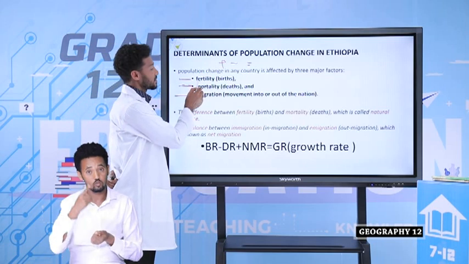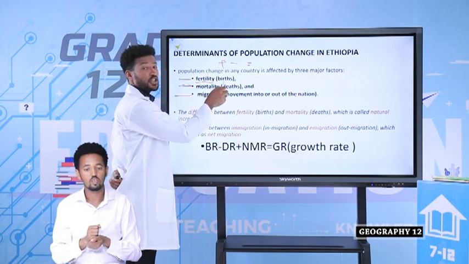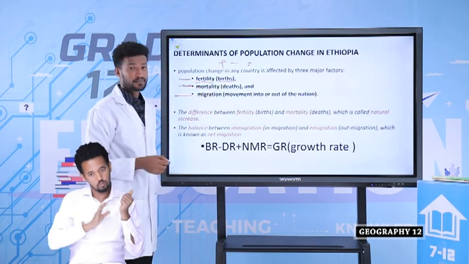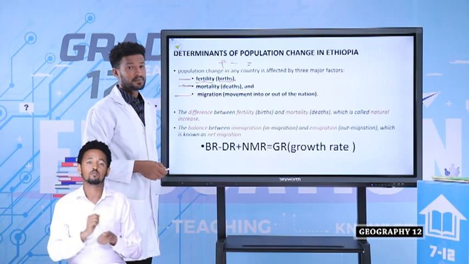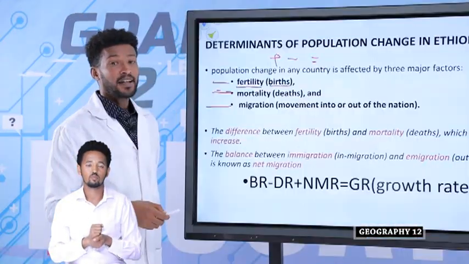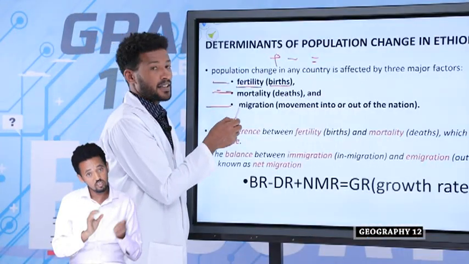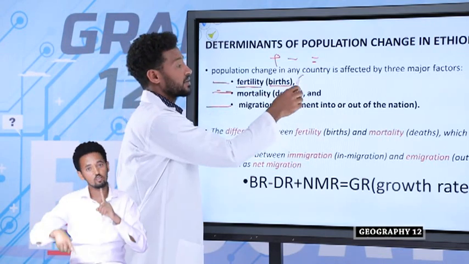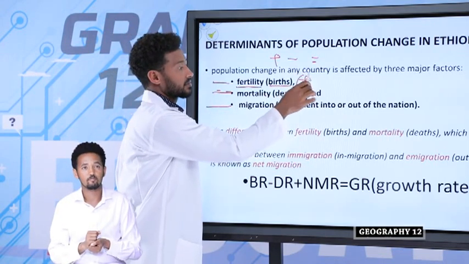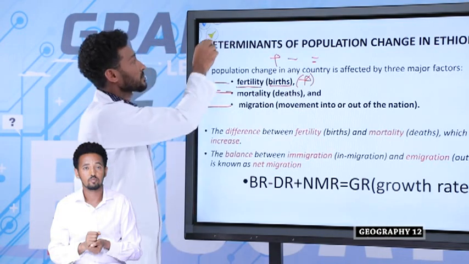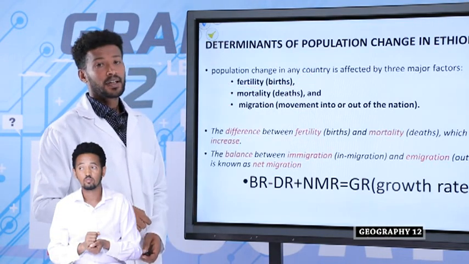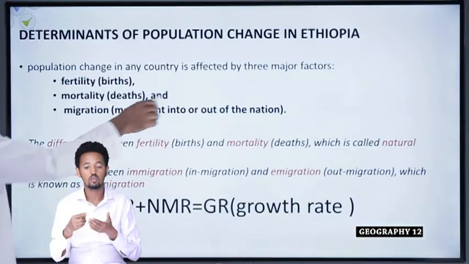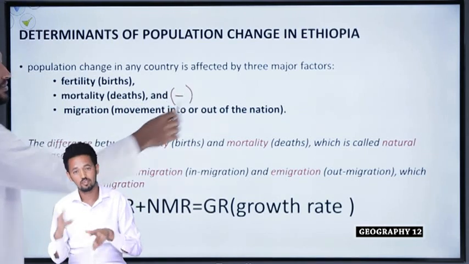As you know, fertility means, in short, birth. And the role of fertility in the change of population is positive. The role of mortality is negative.